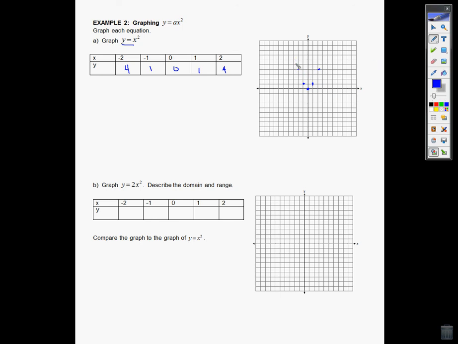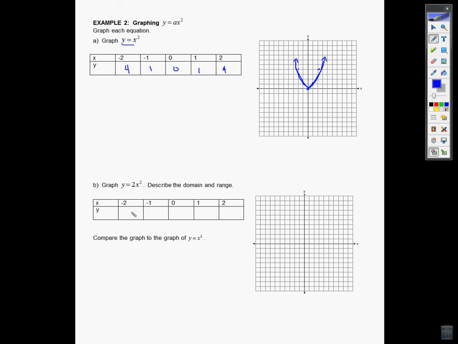Now if I were to try to draw a curved line through this entire thing, I'm going to get this parabola shape, this U shape. You want to draw the curve as smooth as you can without putting a point down here. I obviously didn't do a very good job with that, but you want it to be as smooth and U-shaped as possible.